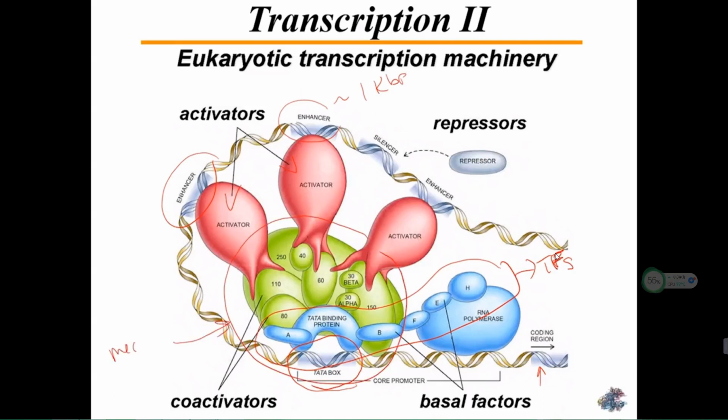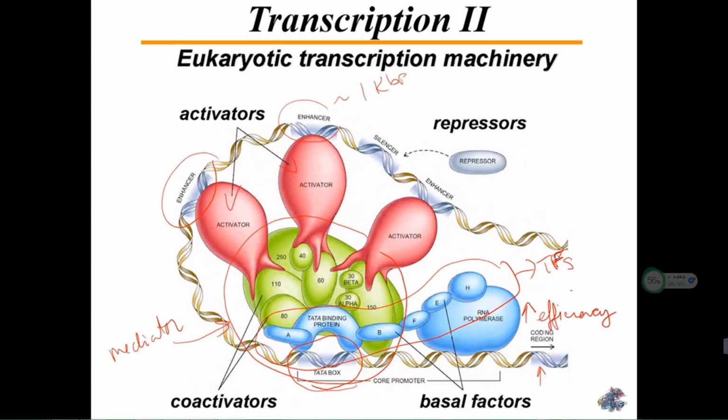In this sense, with the looping of the DNA and the binding of activators, which then interact with the mediator, which then interacts with the transcription factors, we can influence the efficiency of gene transcription for the RNA polymerase in eukaryotic cells. So very complex, very highly regulated, and lots of proteins involved, in addition to looping of the DNA for gene regulation.